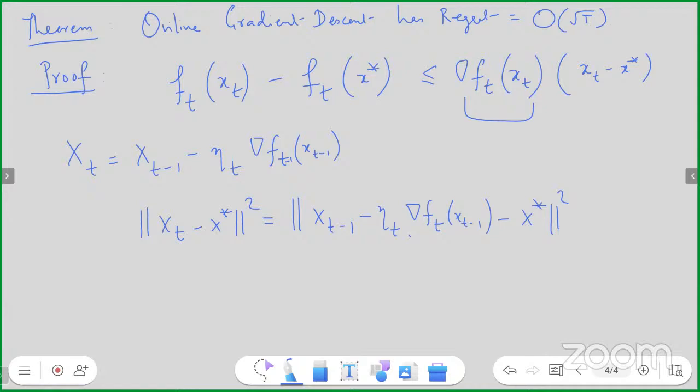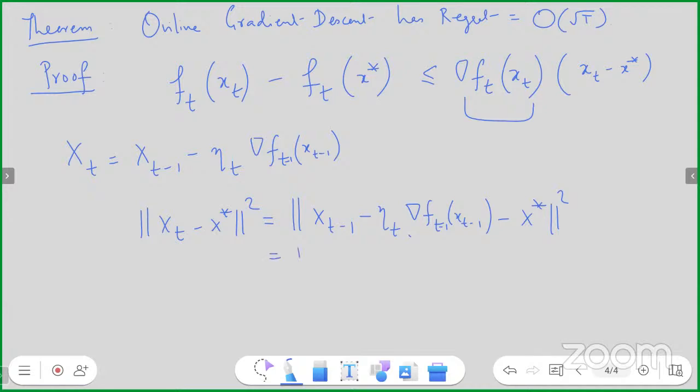Now, the gradient we are going to assume bounded, which will be ft minus 1. You have replaced xt by xt minus 1, so ft minus 1 in this case. So now if you open this, what will you get?